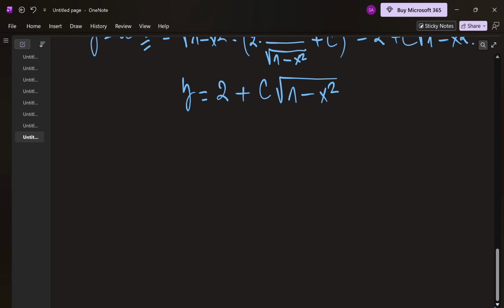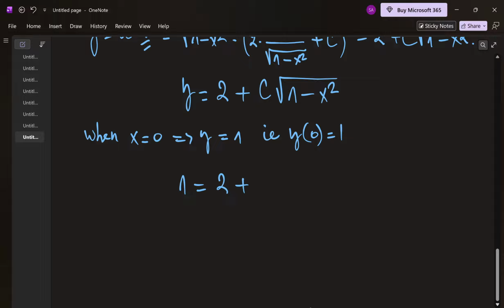Now let's find the particular solution. The particular solution when x is equal to 0, y is equal to 1. That is, y of 0 is equal to 1. Substitute in this, what you get is 1 is equal to 2 plus c times the square root of 1 minus 0 squared.